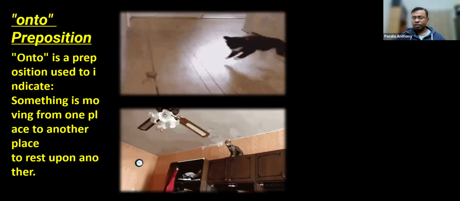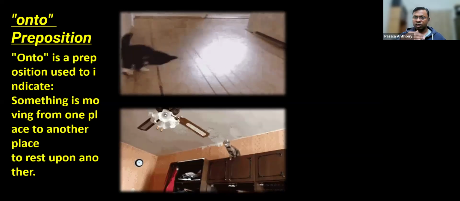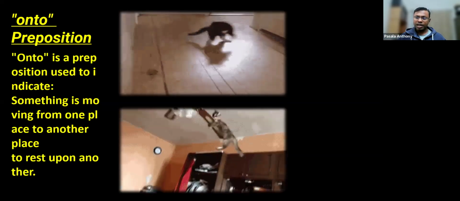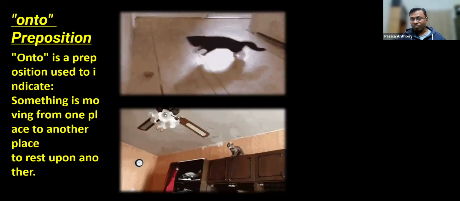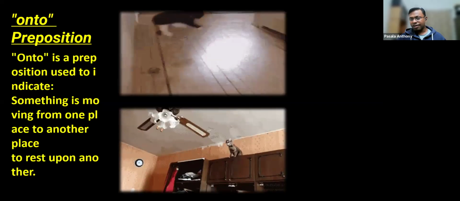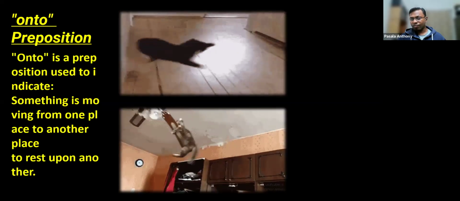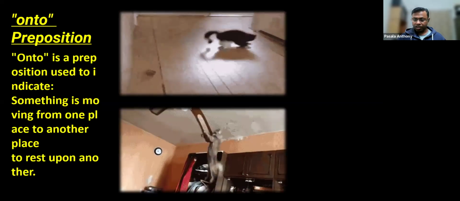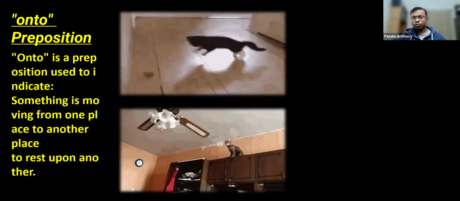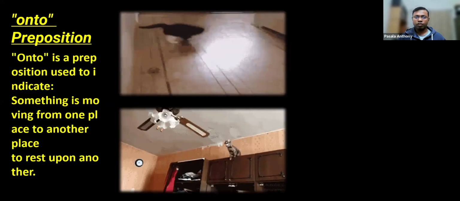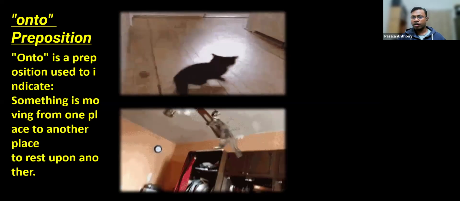Okay, from other place it jumped to the table. That's what they understand. That is wrong. Cat jumped onto the table from one place to the table. Cat jumped onto the fan. Cat jumped onto the sofa. So it's just movement of the position. That is the only difference between on and onto.